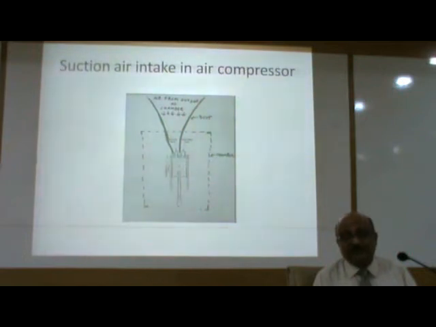If the temperature increases, obviously the density will decrease, less mass will be taken in, and consequently volumetric efficiency will be lower. So it is recommended that a duct be provided at the suction valve so that cool and fresh air can be taken from outside, from the atmosphere.